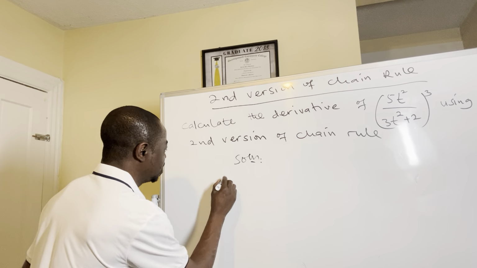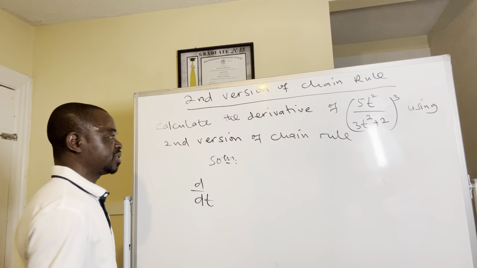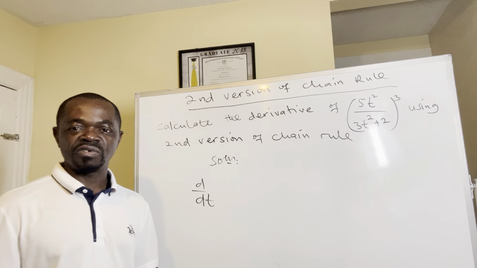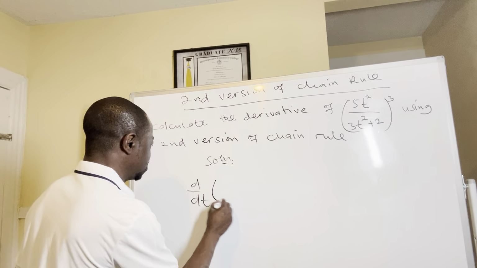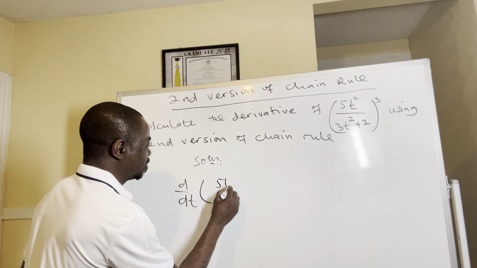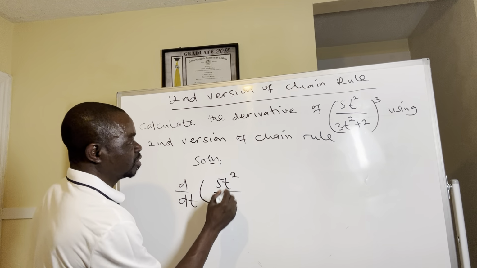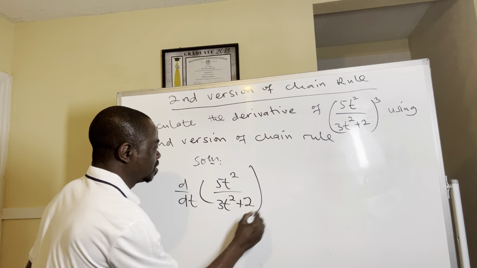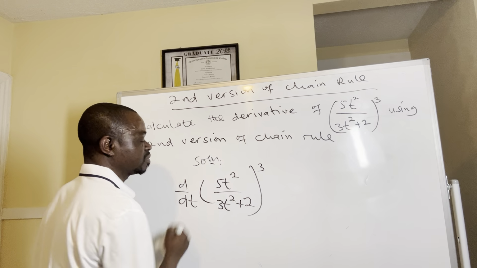So we have d dt, because we are differentiating with respect to t. So d dt of 5t squared all over 3t squared plus 2, and all raised to the power 3.